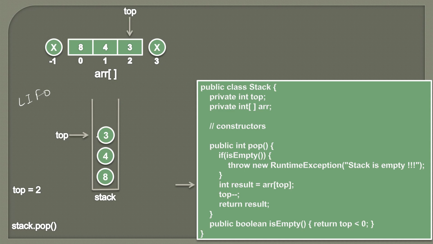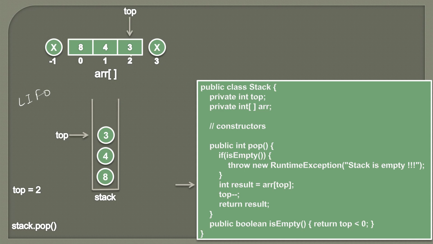And now as we need to pop 3 from the stack, because 3 was the last element inserted into the stack, what we do is we create a temporary variable by the name result and we assign it the value of array[top], which means that we are assigning it the value held by the second index, because the value of top is 2.